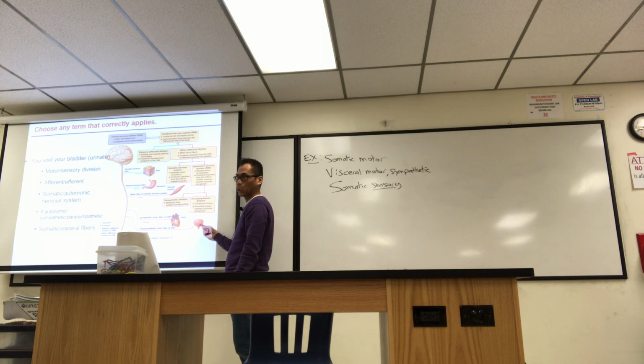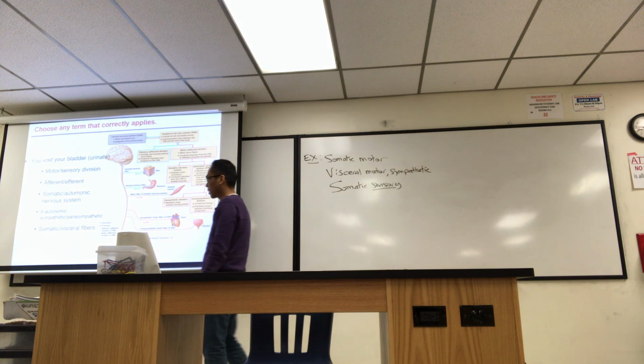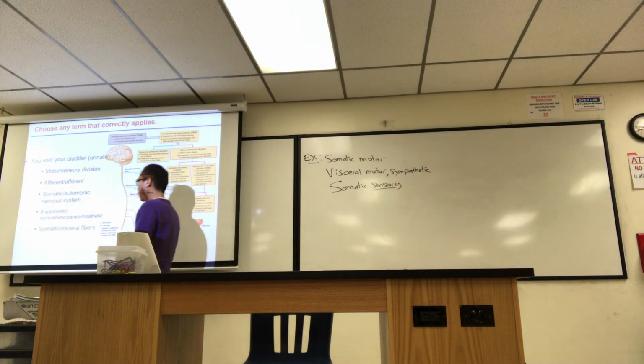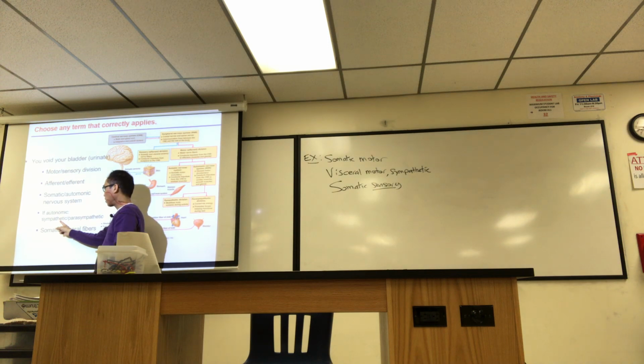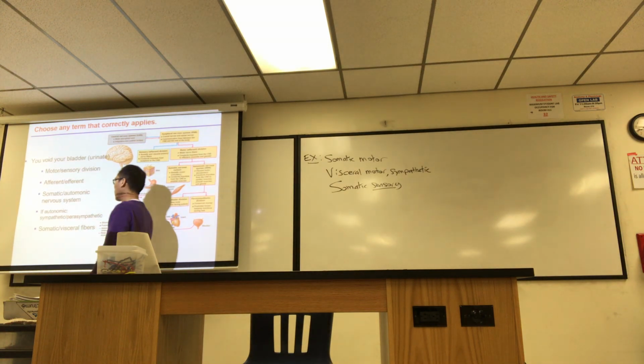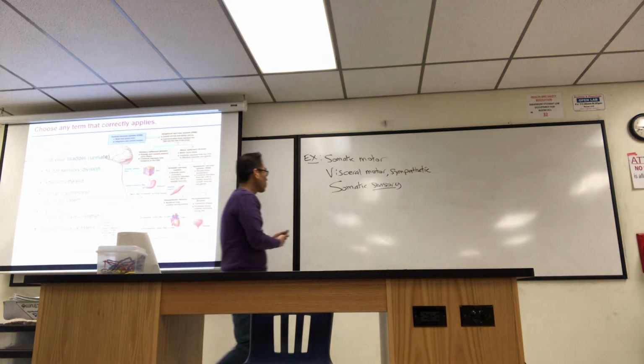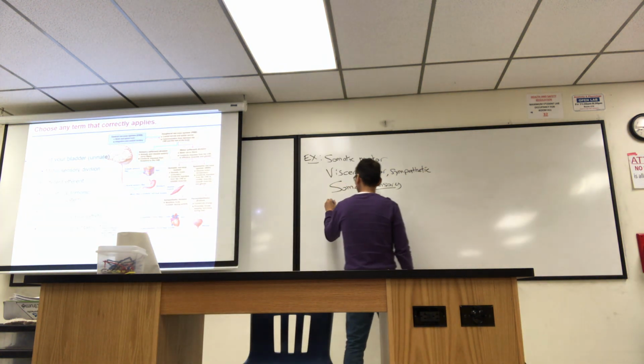If it's the bladder, that would be visceral. So we know it's visceral motor. You may not know this, you'll learn it more in 431: voiding your bladder is a sympathetic response. Holding it in before you go to the bathroom is parasympathetic. You'll learn that next semester. So visceral motor, sympathetic.